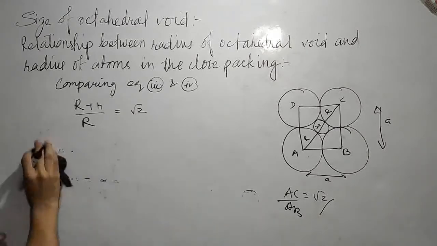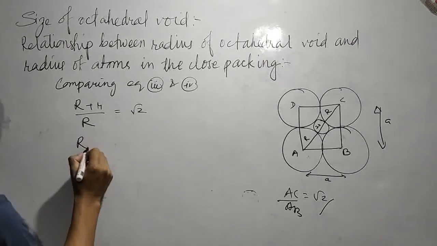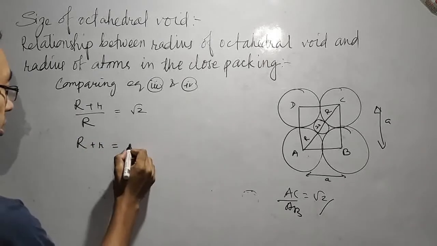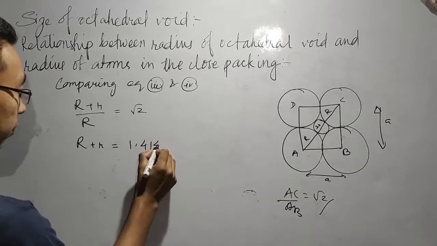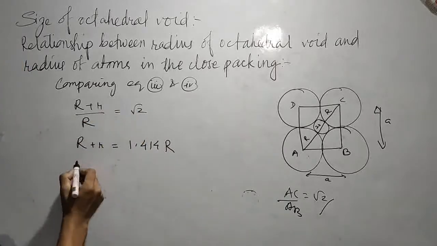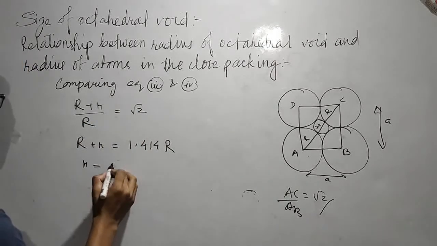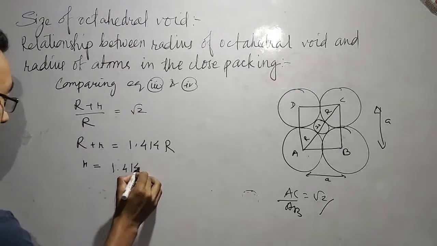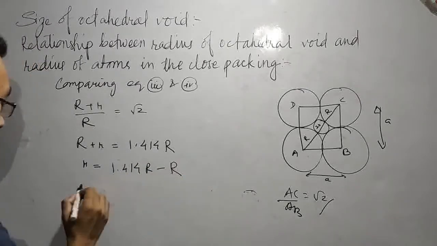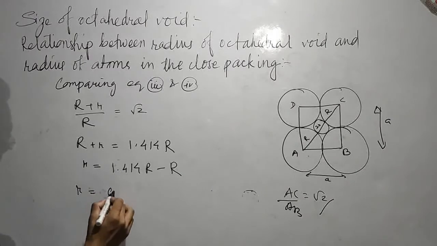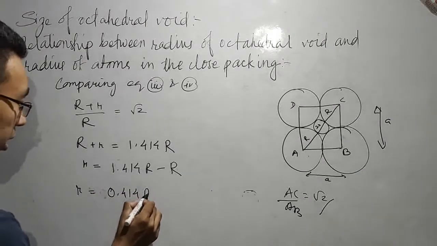So R plus r equals root 2 R, which is 1.414 R. So r equals 1.414 R minus R. So r equals 0.414 R.